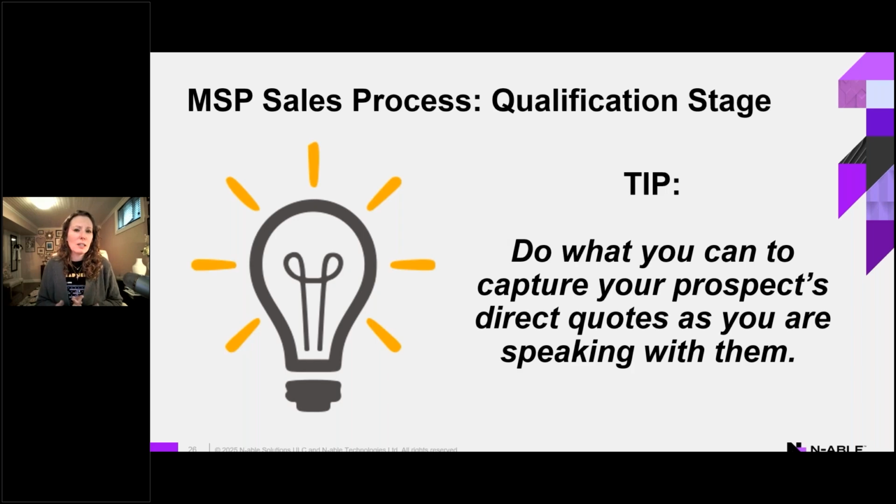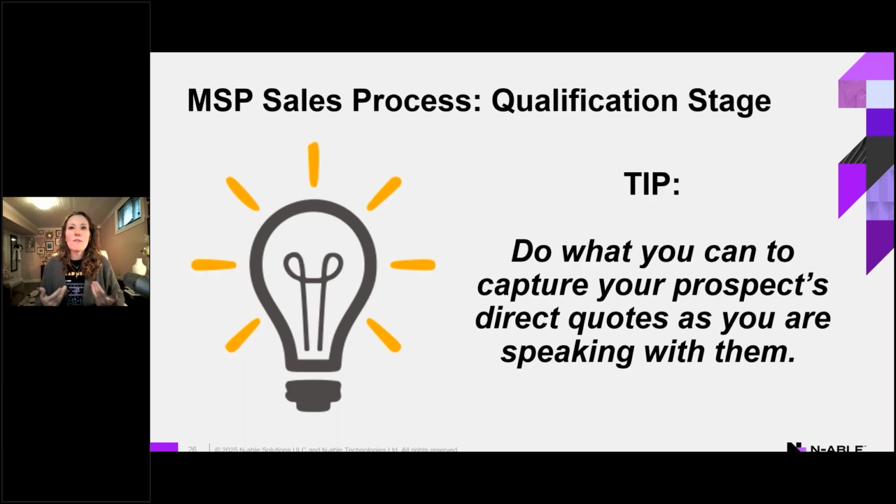Because this is going to be highly beneficial when you get to the proposal stage and the presentation stage of the sales process. If you're able to present them with your proposal and they're able to see their own direct quotes sprinkled throughout it, they're going to know that you do understand and grasp their business objectives and their business requirements. They know that you're trying to sell them a contract, right?